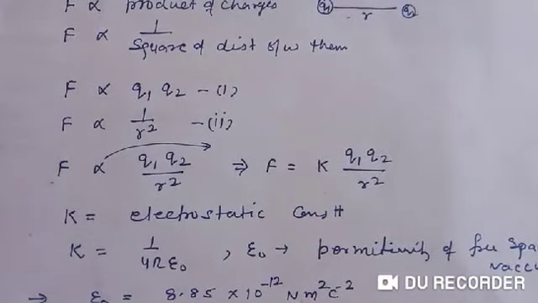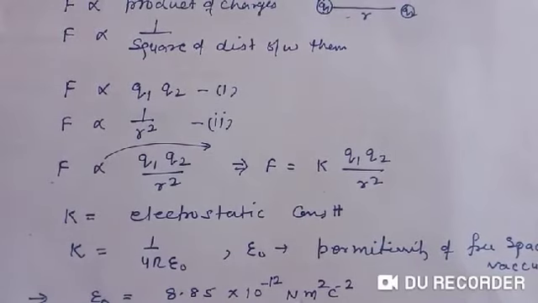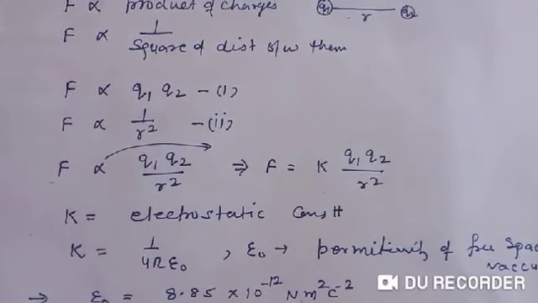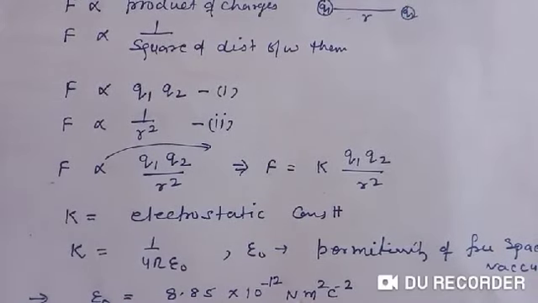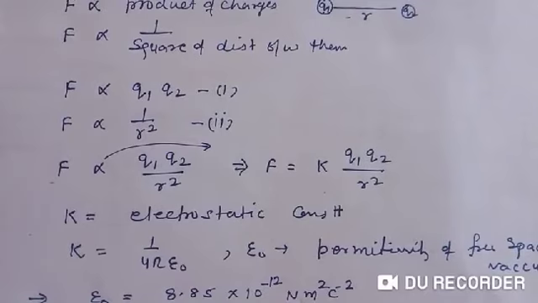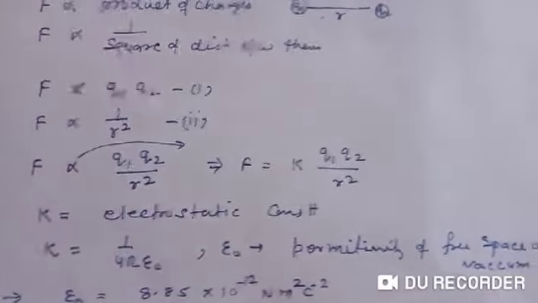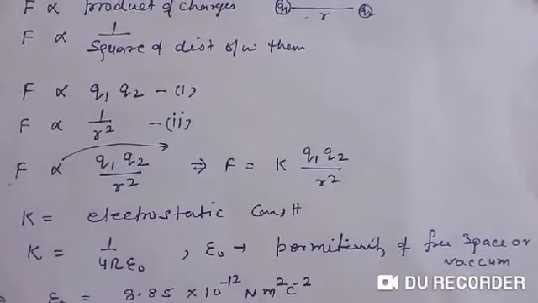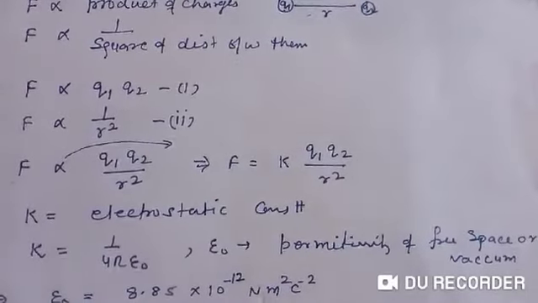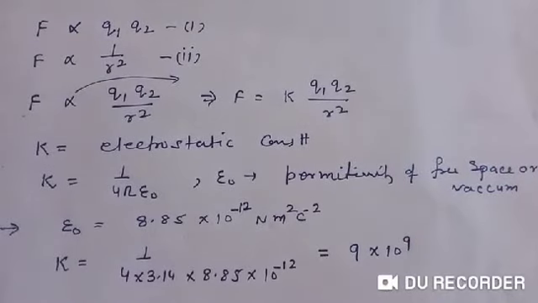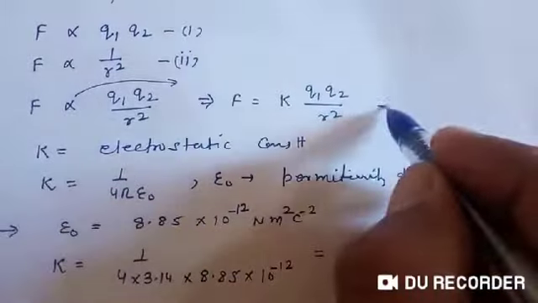So if you put all the values, the value of K can be calculated as 1 upon 4 into pi, pi value 3.14, and the value of epsilon 0 is 8.85 into 10 raised to power minus 12. If we calculate all these numerical values, then we will get 9 into 10 raised to power 9, right? So now put this value in equation number 3.